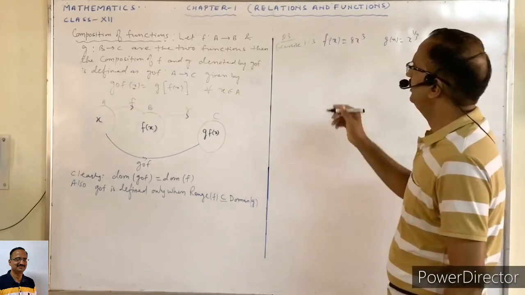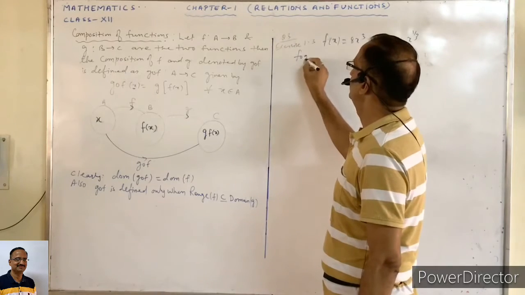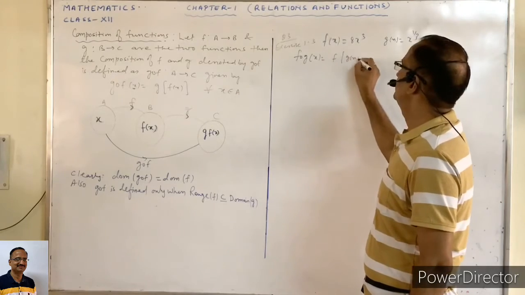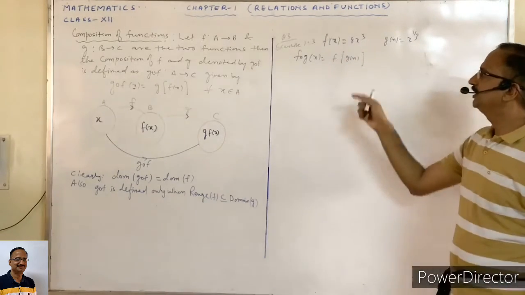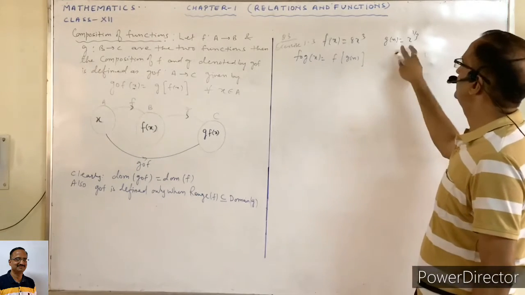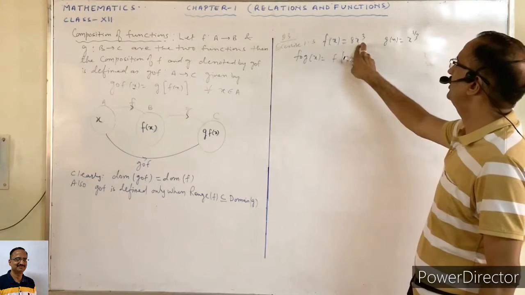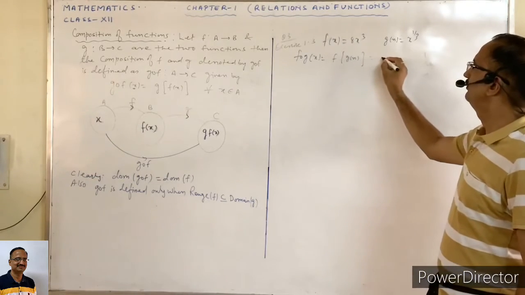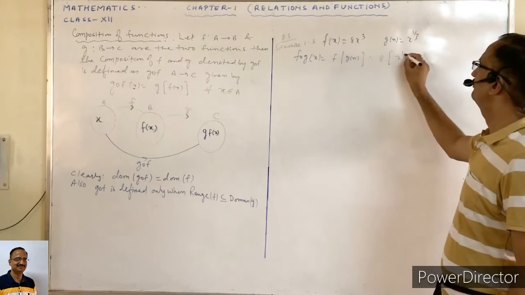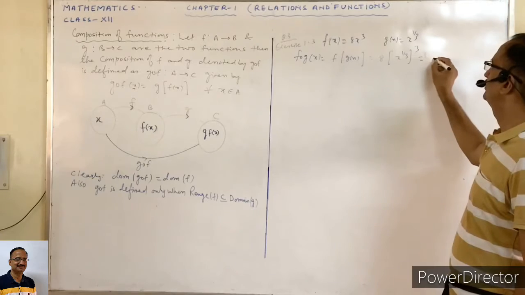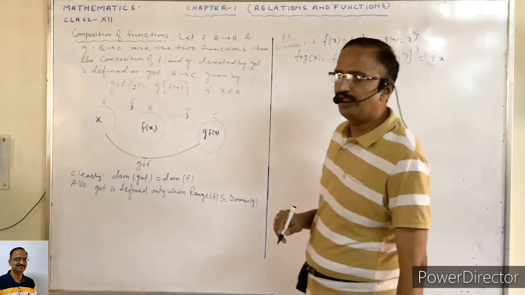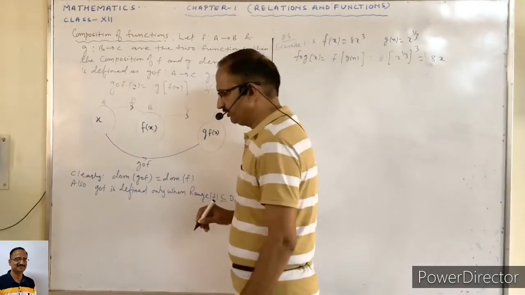So first of all we will find fog. fog of x means f of g x. It means we will put this g x in f, in place of x. So we will get 8 and in place of x we will put x raised to power 1 by 3, and whole power 3. So this is nothing but 8x. This is the value of fog.